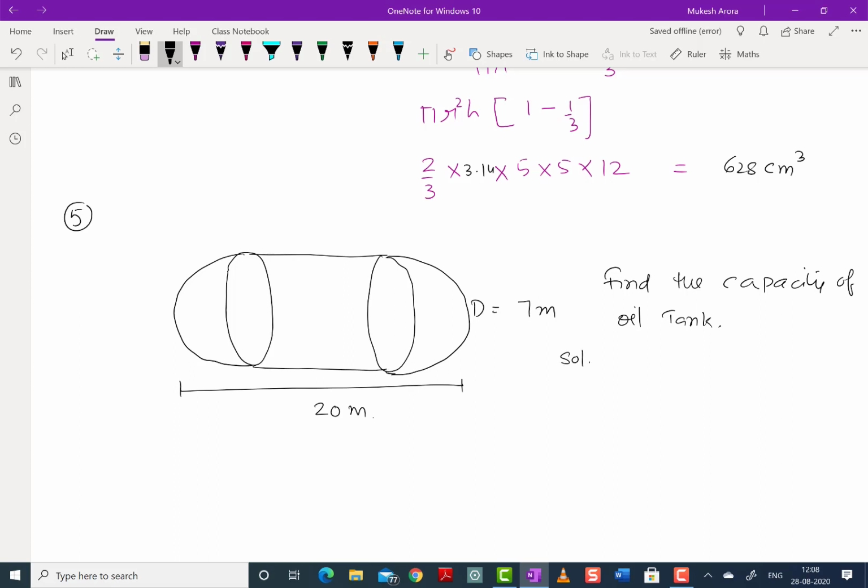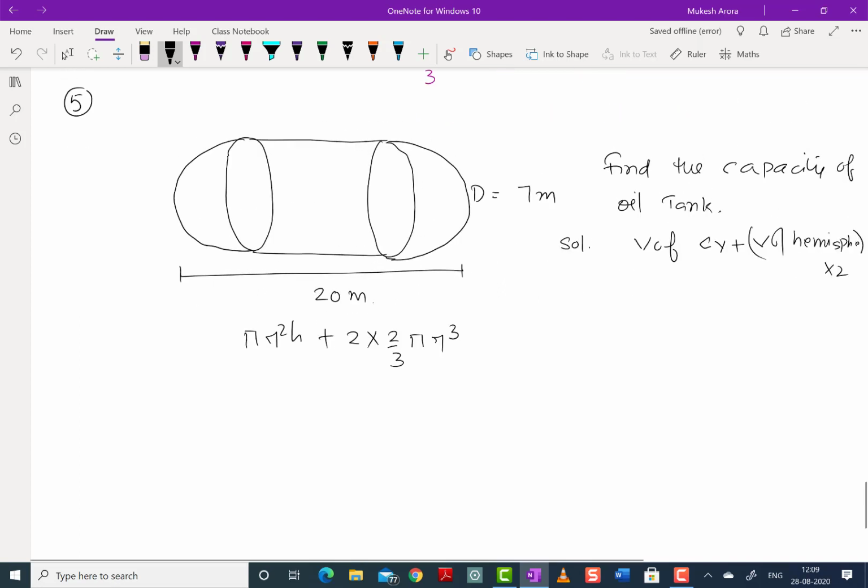That means the volume of cylinder plus volume of hemisphere into 2. Volume of cylinder is pi r square h. Hemisphere is 2 into 2 by 3 pi r cube. Pi r square is common, that is h plus 4 by 3 r.